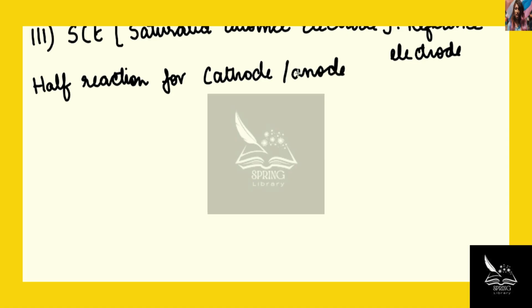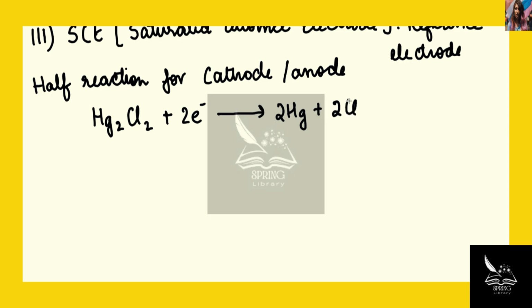So this reference electrode can be cathode or anode, and it is like this: Hg2Cl2, because this is made from mercury or calomel, with 2 electrons gives 2 Hg plus 2 Cl, and the important thing is E is equal to 0.242 volts.